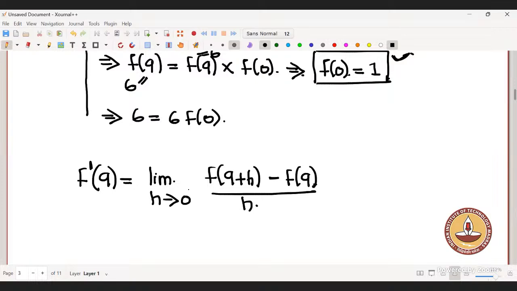So what is this one by the property of my function? f of 9 plus h. As h tends to 0, it is f of 9, right? No, that is true only when f is continuous. In general, it's not true.